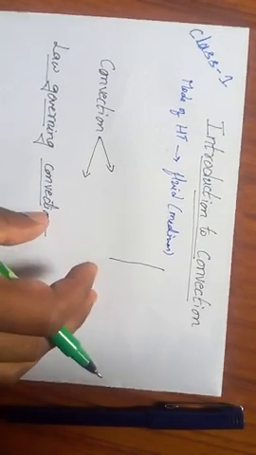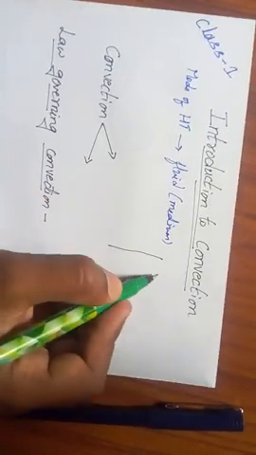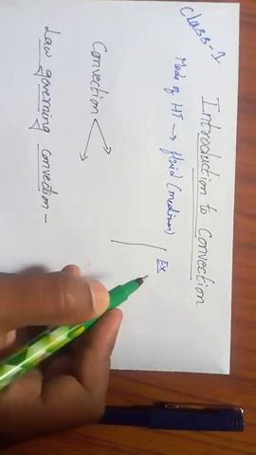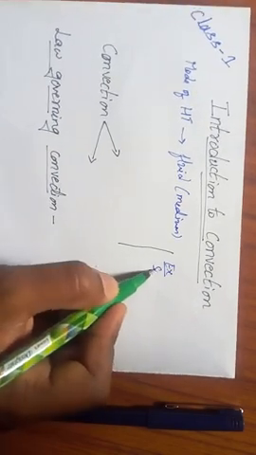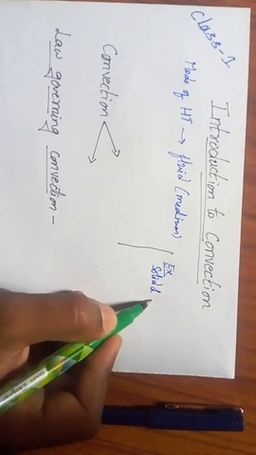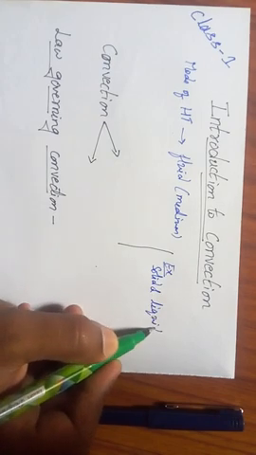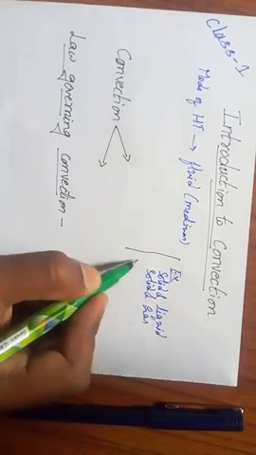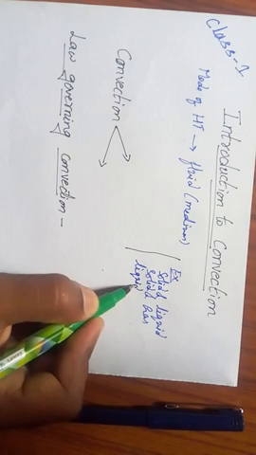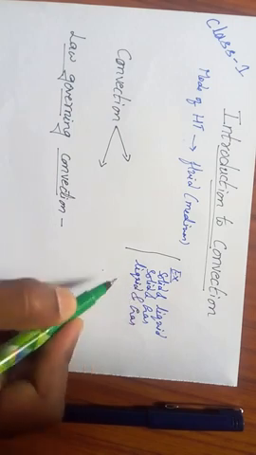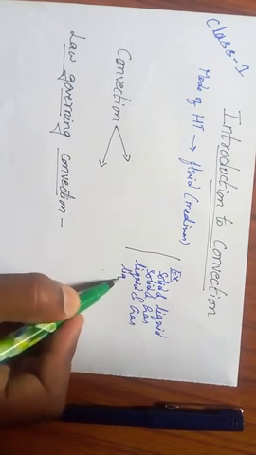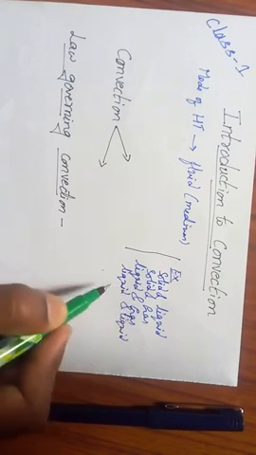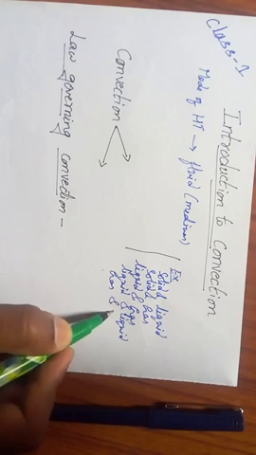Now here, as an example, you can consider any system which has heat transfer between a solid and liquid, or solid and gas, or liquid with gas, or liquid with liquid, or gas with gas.